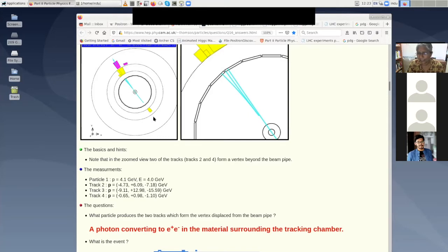There would have been thousands of events where they were not back to back, but they show you for display an event where it is back to back so that you can understand it better. They have pulled out events from the millions and billions of events that LEP has measured, so that for students it's easy to understand, from simple to complex, how these events look in the detector.